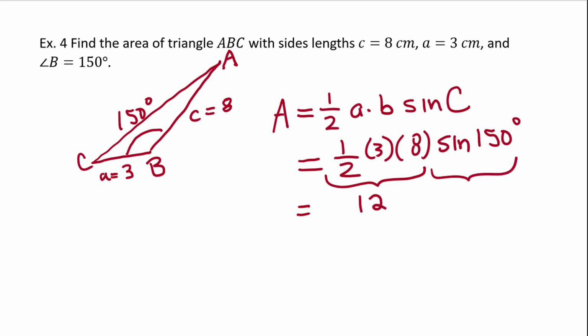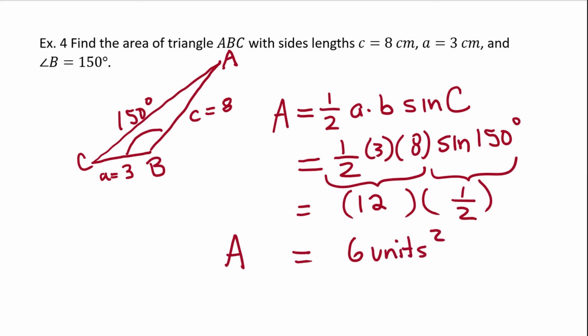Sine of 150 degrees is the same as the sine of 30 degrees, which we know is 1/2. So 12 times 1/2 is 6, and the area would then be 6 units squared.